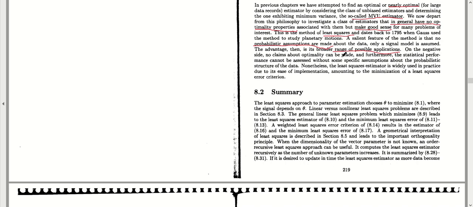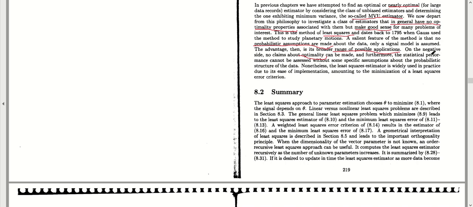And also, will it be unbiased? Biasedness is one thing we care about. We don't have an answer for that. It cannot be claimed to be optimal in terms of the variance. It cannot be claimed to be unbiased, so that optimality claim is broken in this sense.